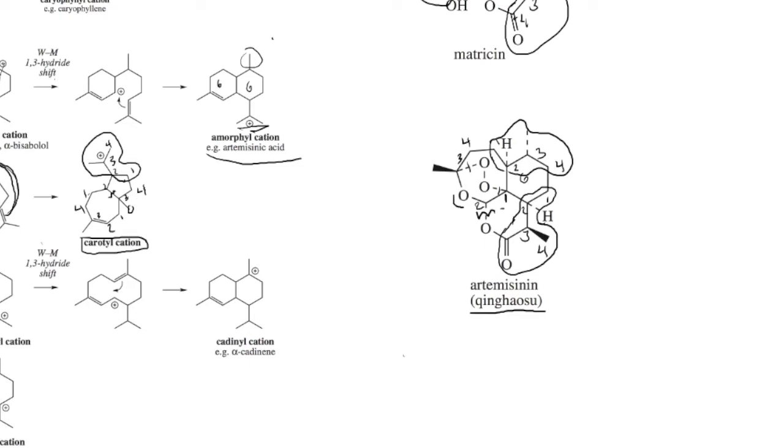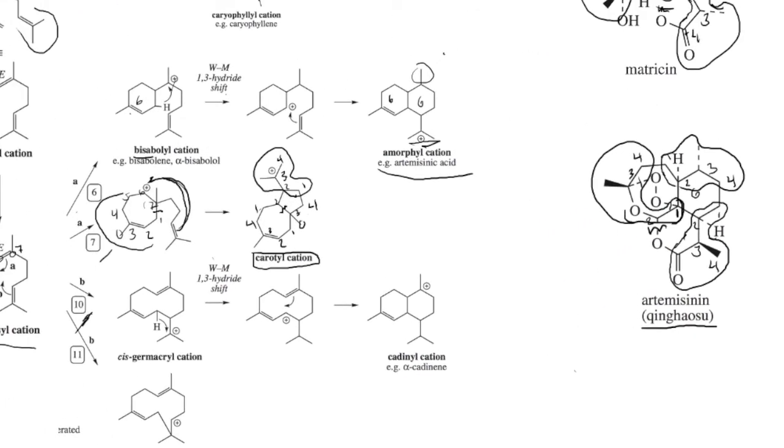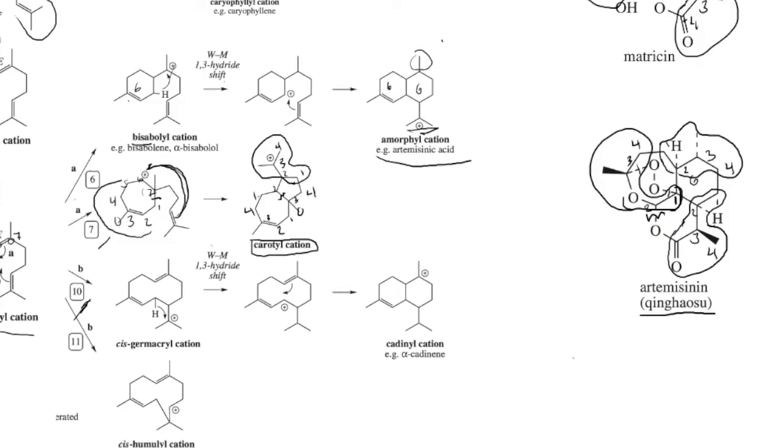So then that means this is going to make up the rest of your terpene unit. So as you can see, it's really understanding the cation that can help you understand how to go around these circles. But once again, there are tricks you can do, like numbering these carbons and making sure that the backbone that you follow fits the same pattern as the linear or the pre-cyclized form of the terpene.